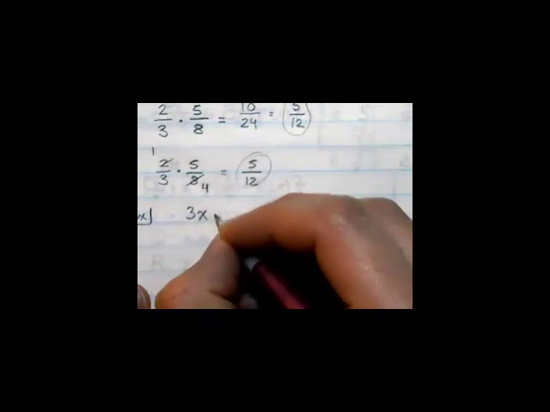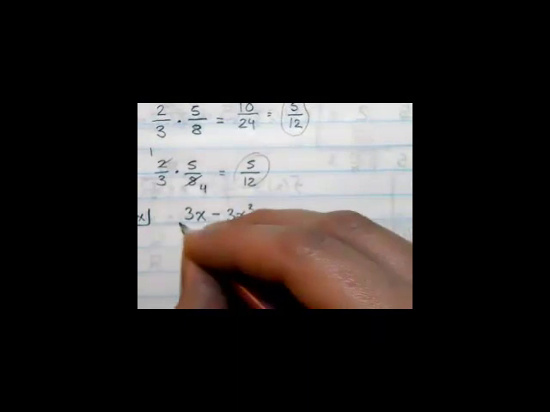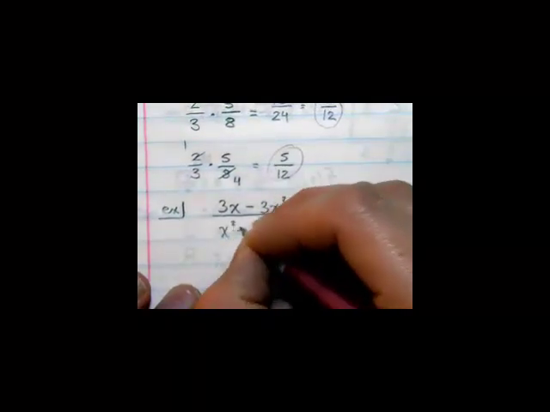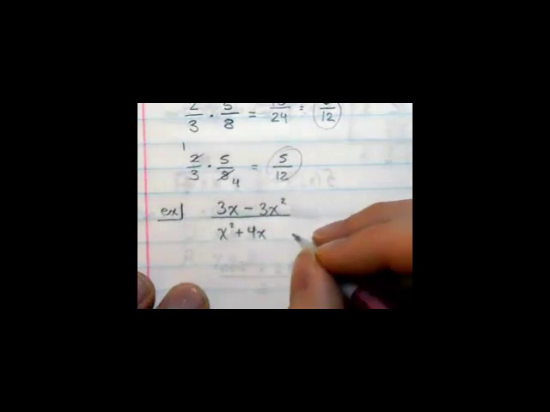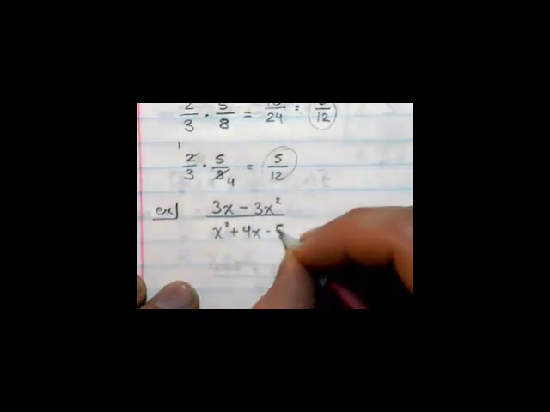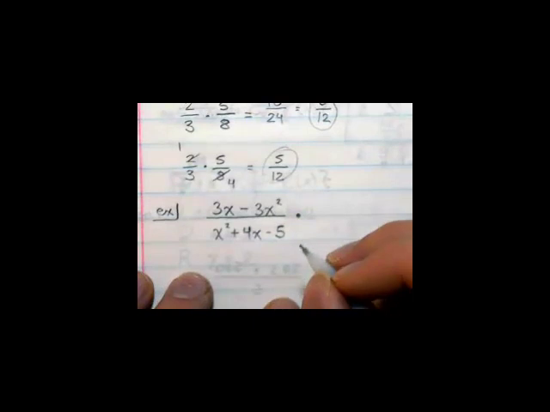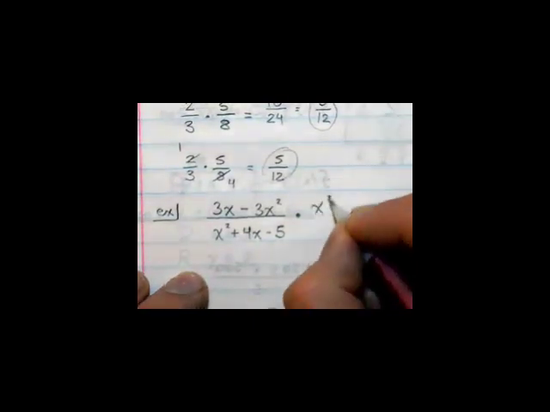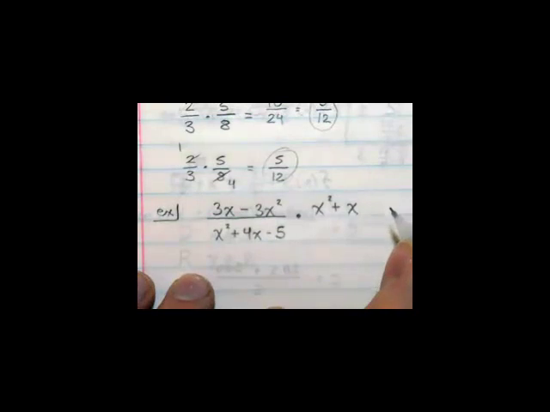So we got 3x minus 3x squared over x squared plus 4x minus 5, multiplied by x squared plus x minus 20 over 3x.